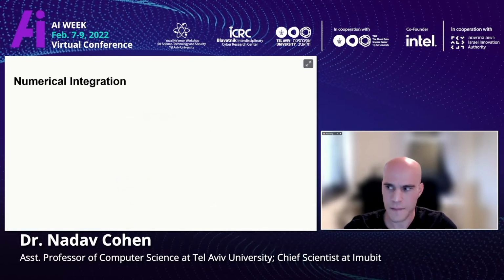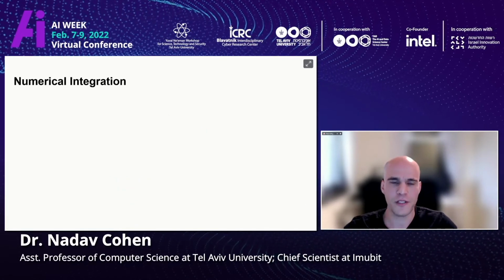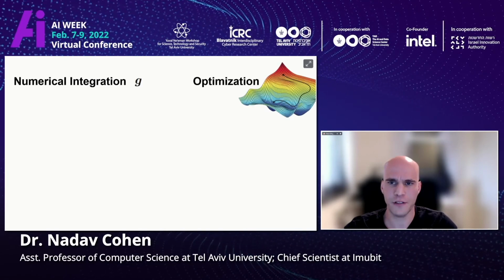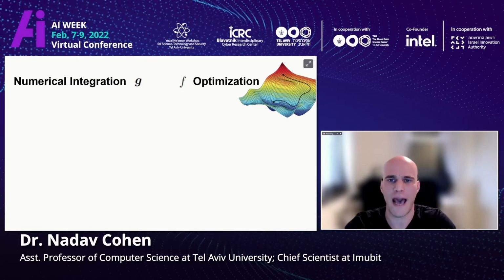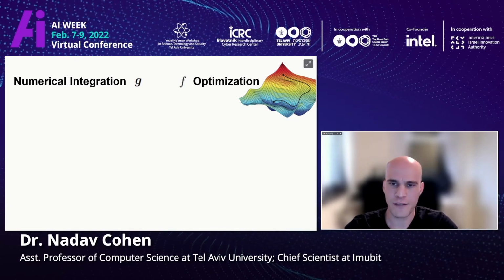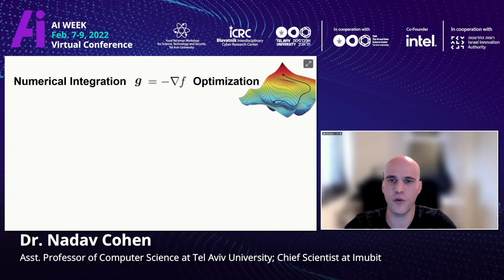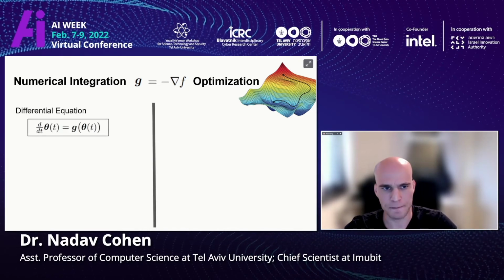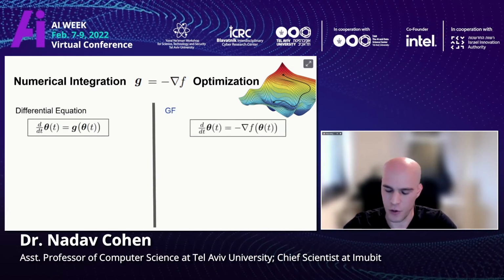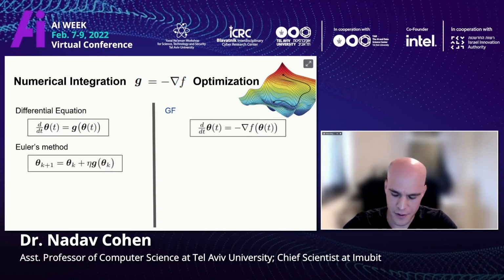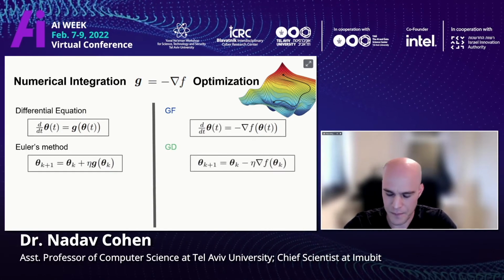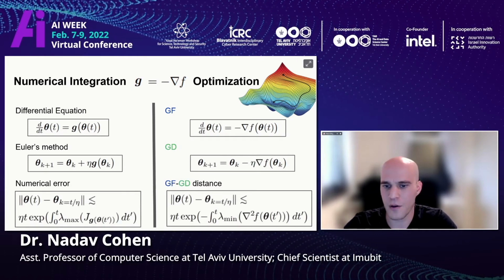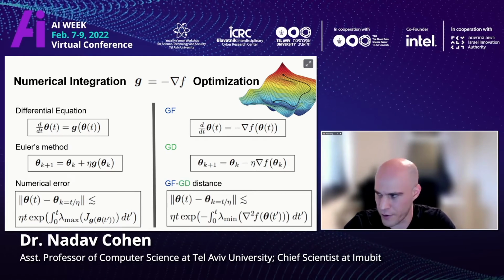How is this relevant to us? It turns out that numerical integration is very closely related to optimization. In numerical integration, we had this vector field. In the case of optimization, there's some function f that we want to minimize. And we define the vector field to be minus the gradient of this objective function. Now the differential equation just boils down to gradient flow. And Euler's method is no other than gradient descent. The result on the numerical error of Euler's method gives us a bound on the distance between gradient flow and gradient descent.